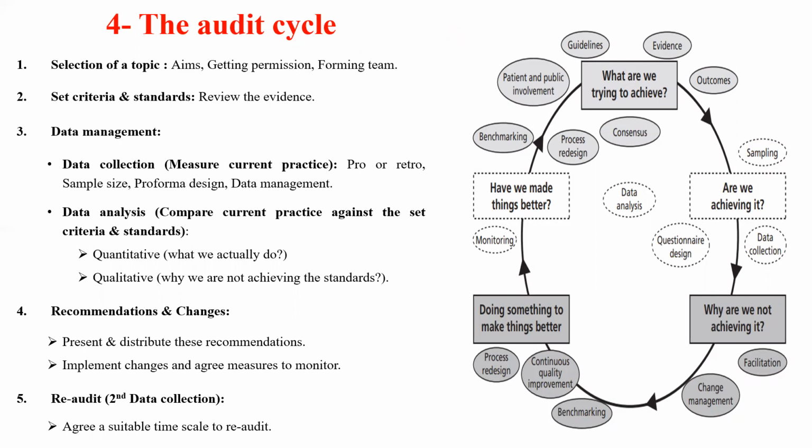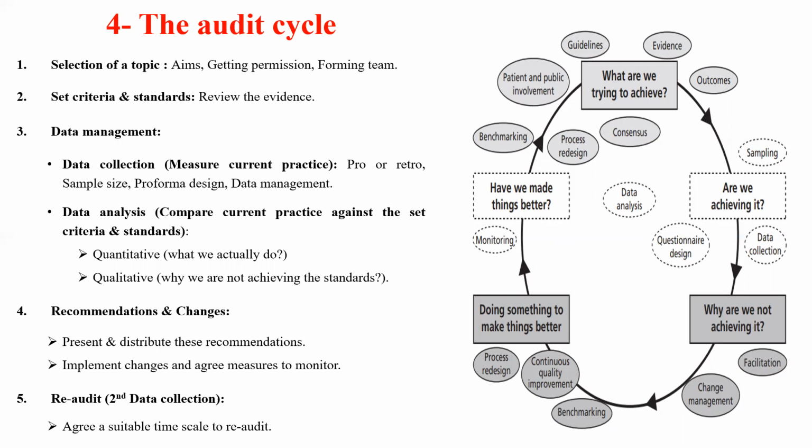The second step is to set the criteria and standards. The third step will be data management, and data management will actually be in two steps. The first is to collect the data or to measure your current practice. The second is how to do data analysis. Data analysis means we are comparing our current practice against the set criteria and standards.